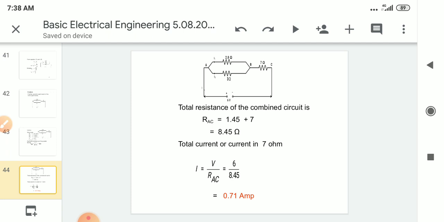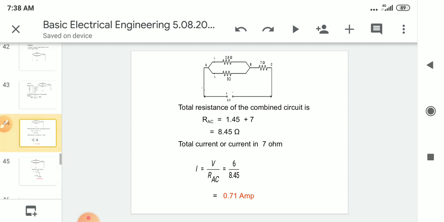Total resistance is 8.45 ohms. So our intention is to find the total current in the 7 ohms resistor. According to Ohm's law, I is equal to V by R. So V by this 8.45 gives 0.71 amperes.